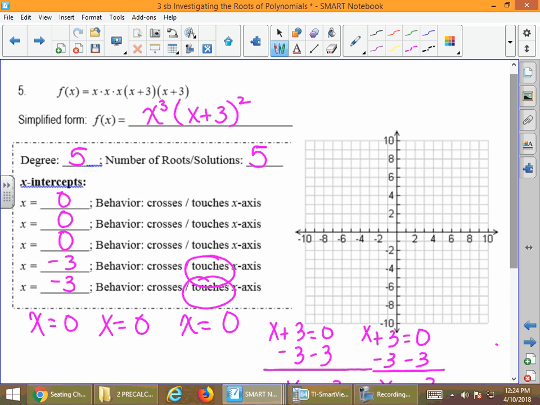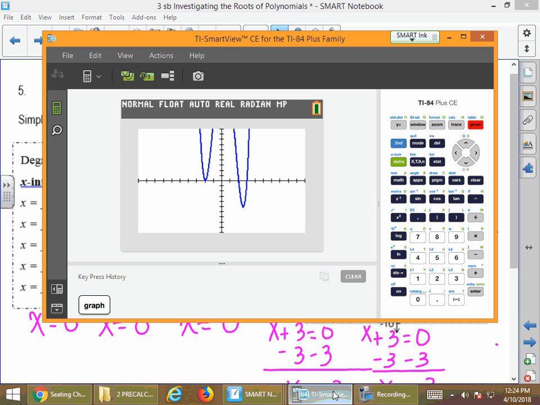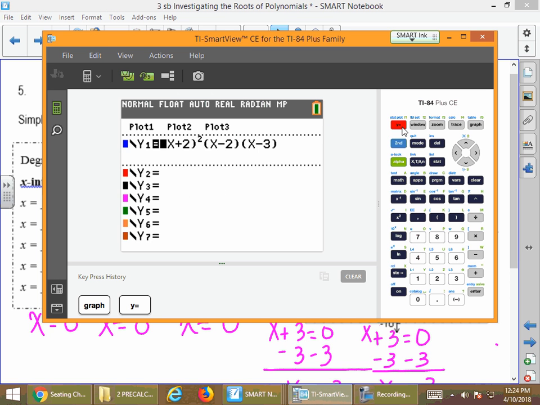So let's make sure that I didn't just circle something wrong. So we're going to type that in to our calculator. And we have x cubed times x plus 3 squared.